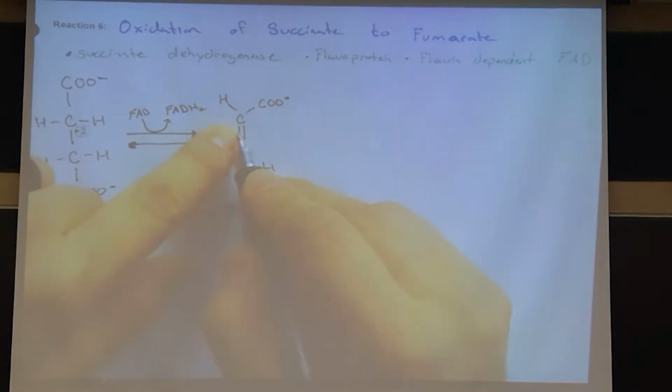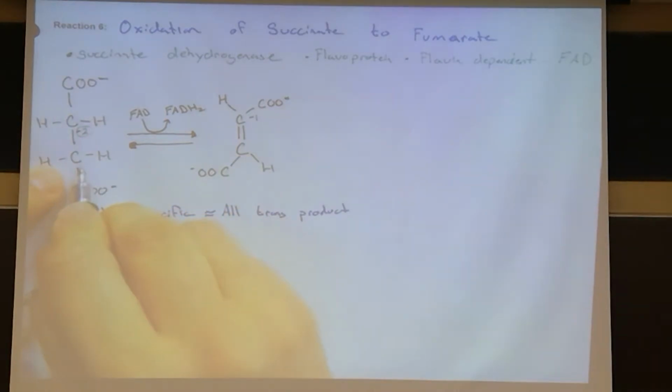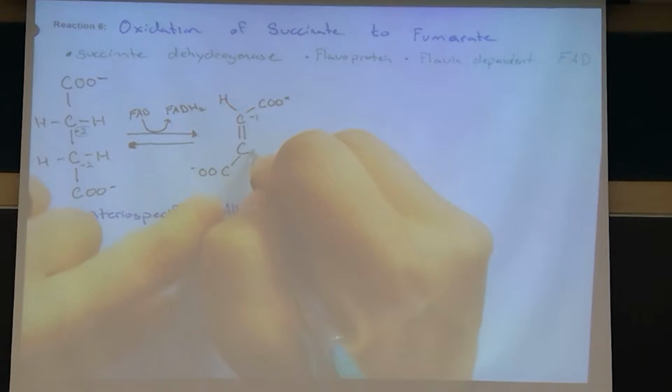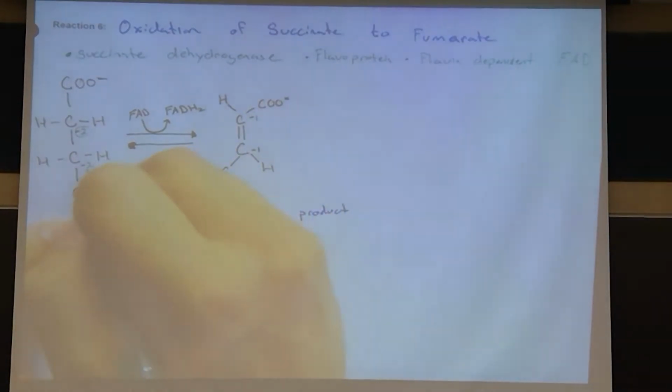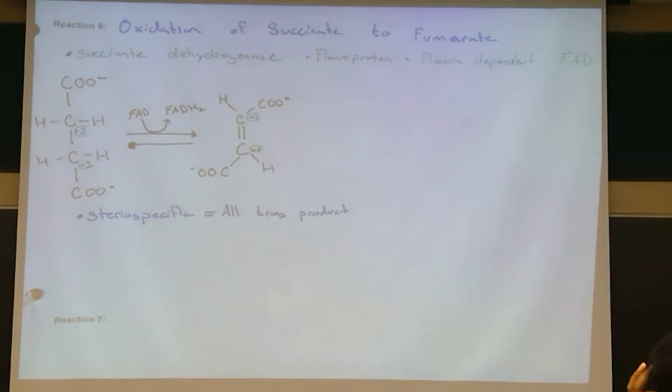What would the oxidation state of this carbon be? -1. So we're going from -2 to -1, -2 to -1. How many electrons do I lose or gain? Lose 2, right?